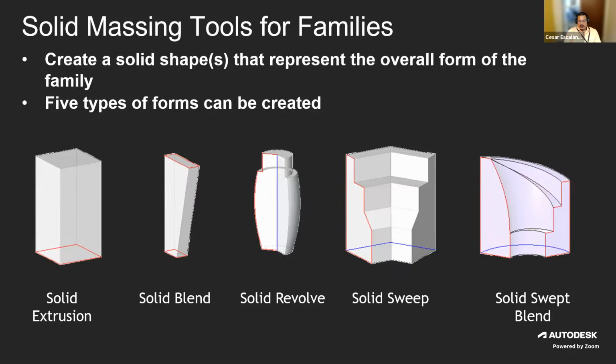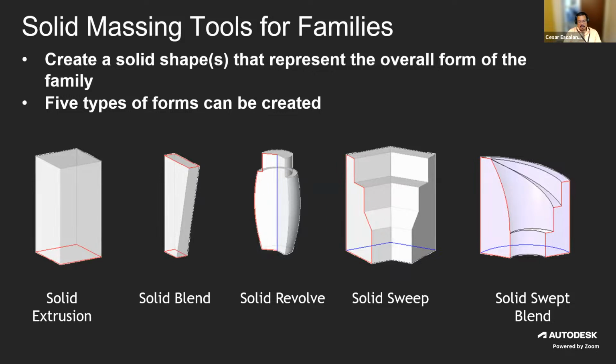And these are solid representations, and you can create all these different types of shapes, called forms. An extrusion is a profile extruded along a direction. A solid blend is an extrusion between two profiles.